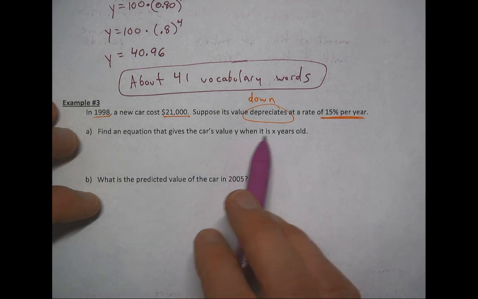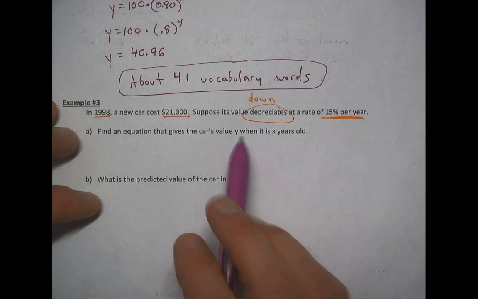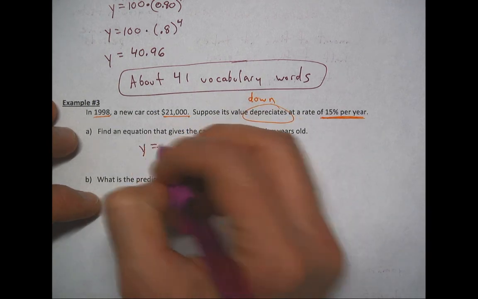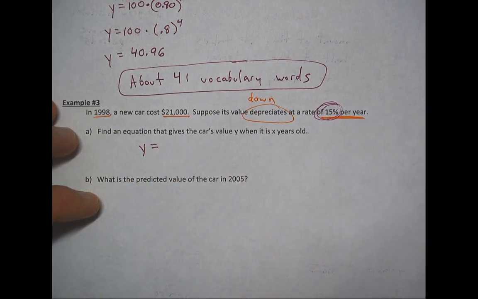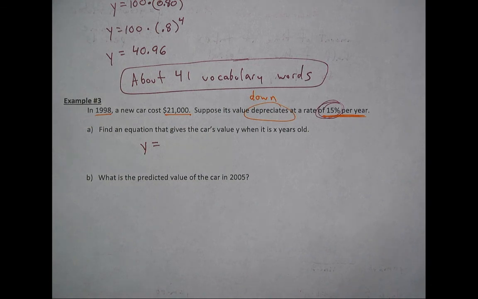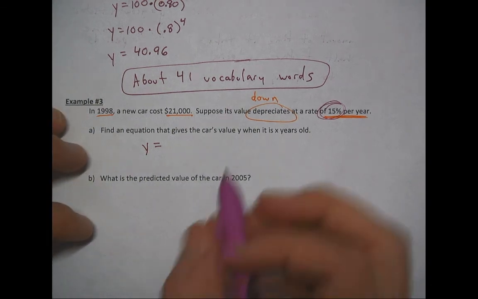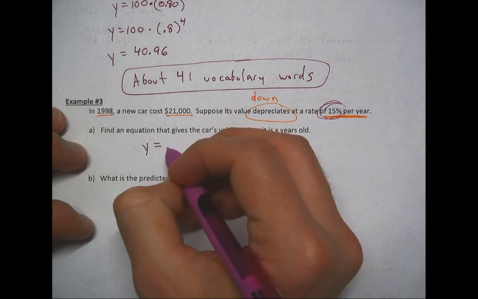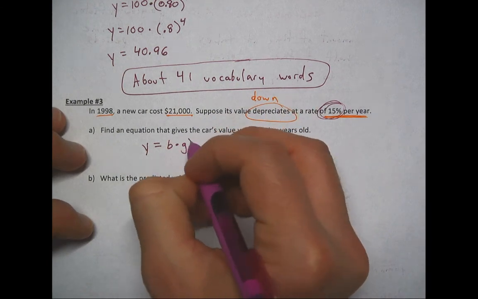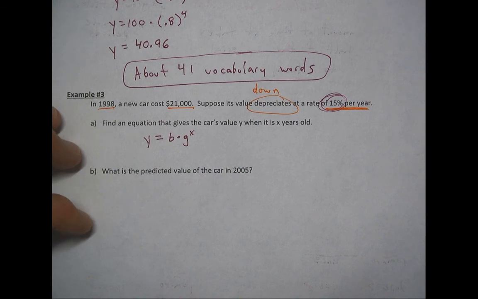So we don't know the numbers here. We want to know the car's value, so y equals, now first of all, it's going down by a percentage, so we need to know that when you go down by a percent or go up by a percent consistently over time, that does not create a straight line. So this is going to be b times g to the x. That's the equation we need.